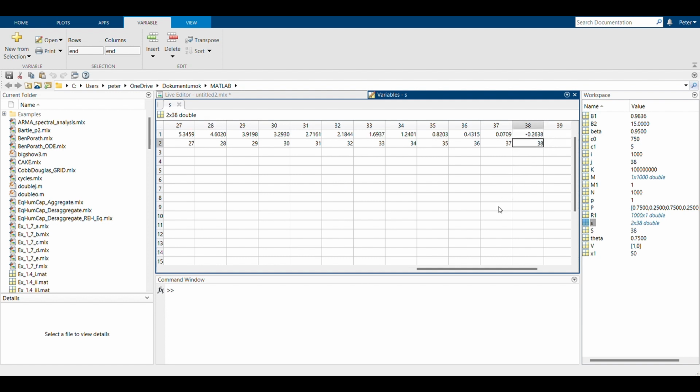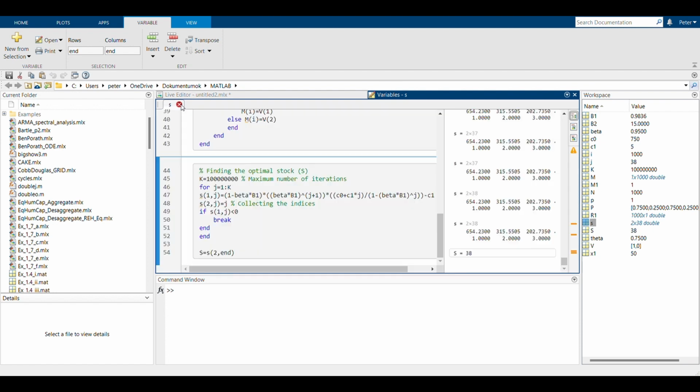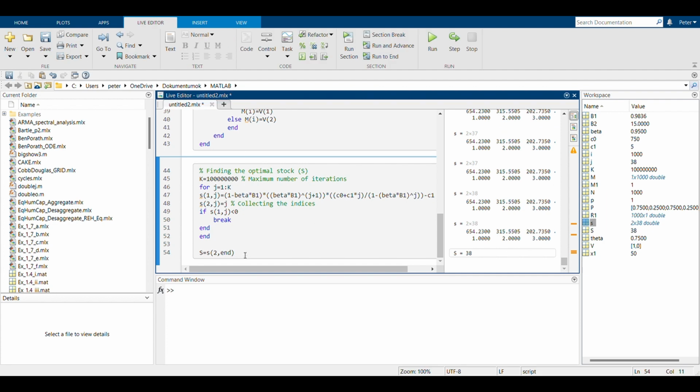In the second row of the matrix, where we collected the indices from the key inequality, this is 38, so under these assumptions 38 is the optimum inventory. So we are almost ready.